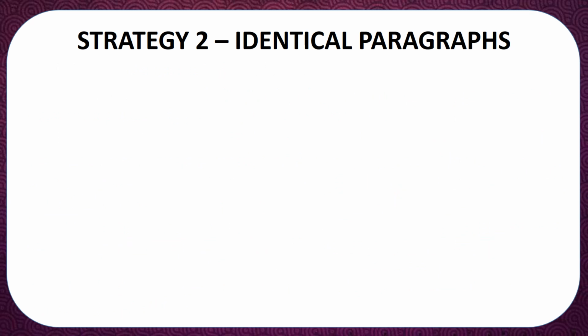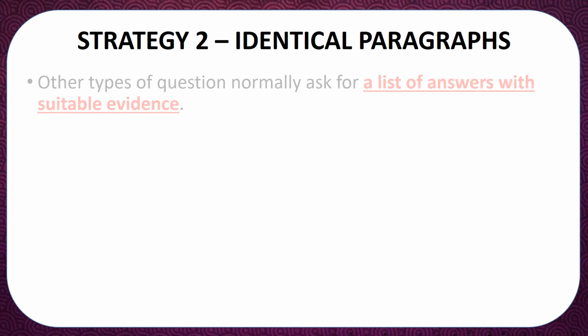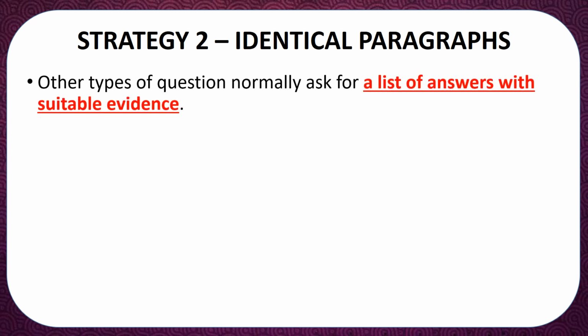Earlier, we have seen strategy 1 for separate paragraphs where the question asks about one event. When the question asks everything else other than one event, okay, so they normally ask for a list of answers with suitable evidence. How? We will see.